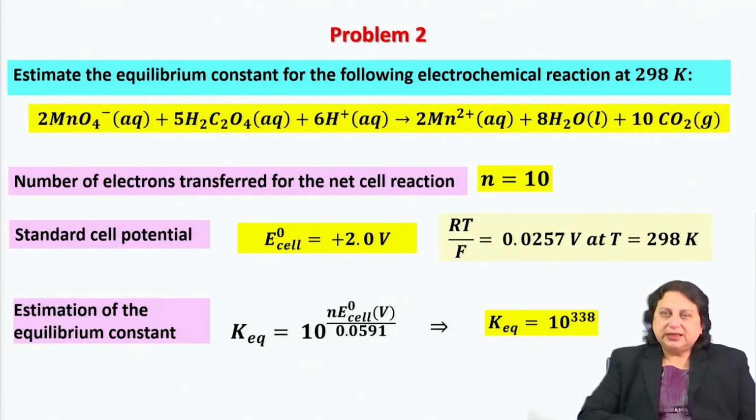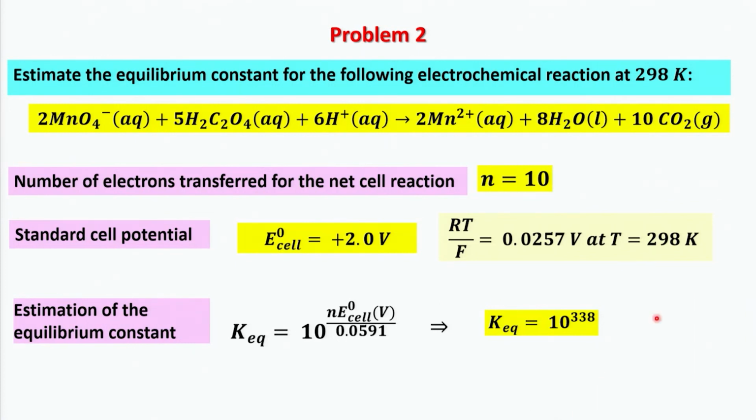So, in this lecture what we have seen is that the basic exercise for the application of any electrochemical equilibrium is that you must be able to write down the half cell reactions, write down the net cell reaction, then identify the number of electrons transferred in order to arrive at the net cell reaction starting from the half cell reactions, identify whether you have reduction on the right at cathode and oxidation at anode, and calculate the standard cell potential from the difference between E naught right and E naught left.